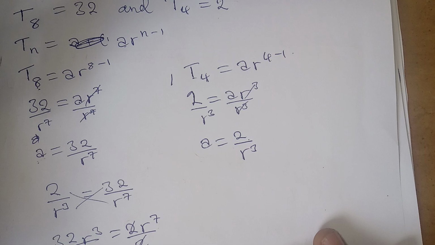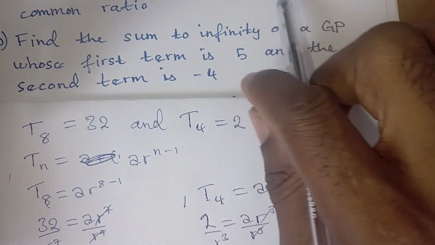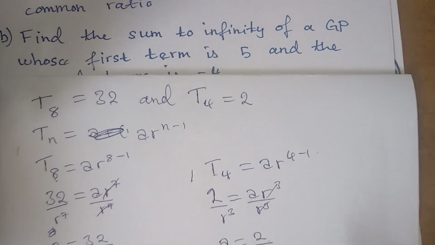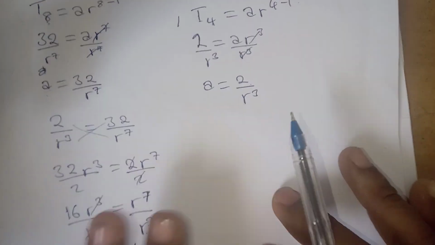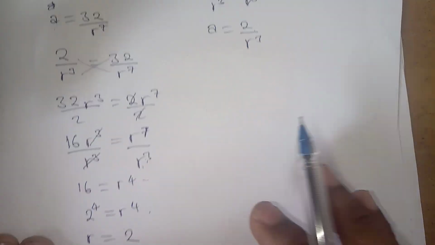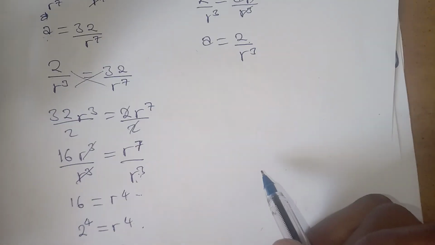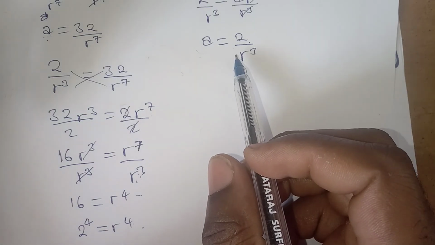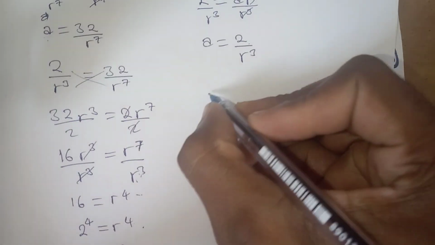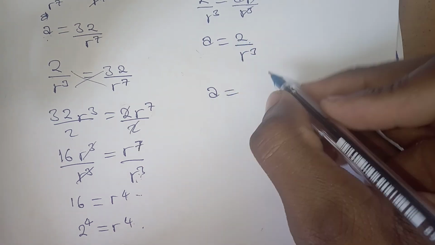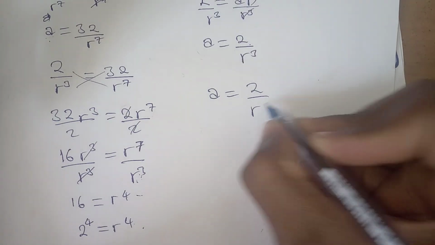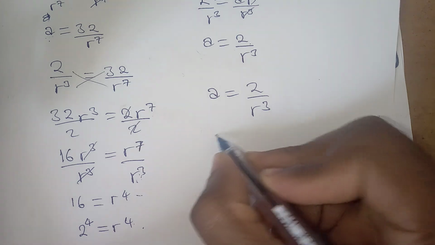And then secondly, find the first term and the positive value of the common ratio. Okay, so we have found the common ratio. Now we can find the first term. You can use any of the two equations. So since this is much easier for me, I'll go for it. So the first term will be given by 2 is equal to A r to the power 3.